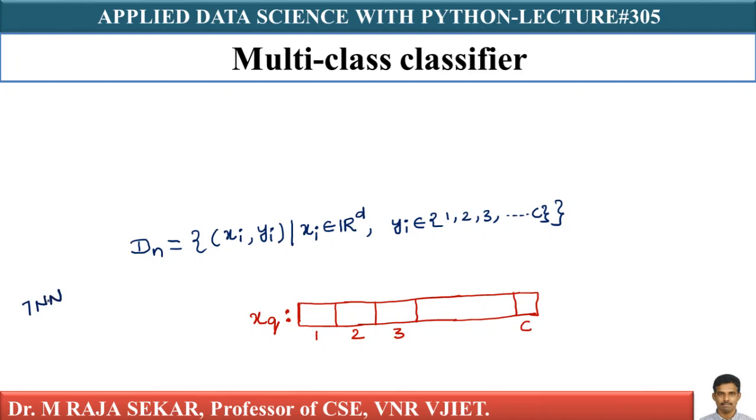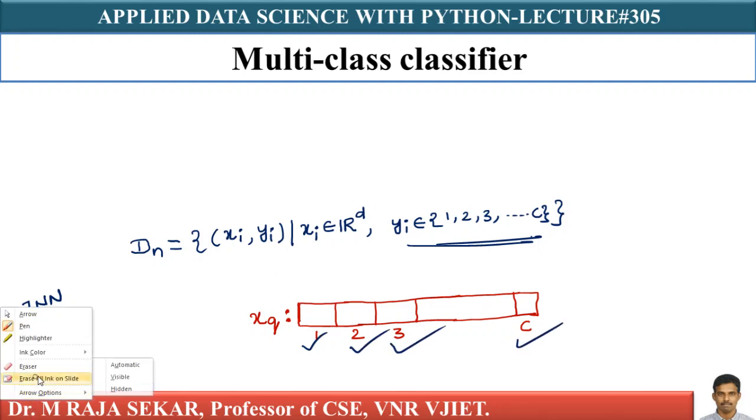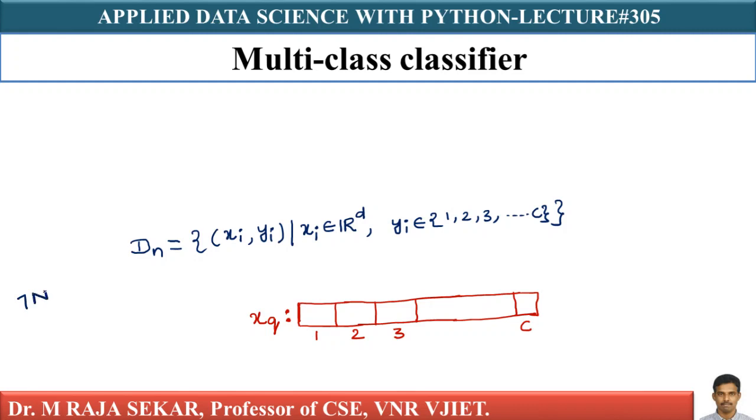And let's assume I have C classes: class 1, class 2, class 3, so on up to class C. As I told you, I am considering 7 nearest neighbors.